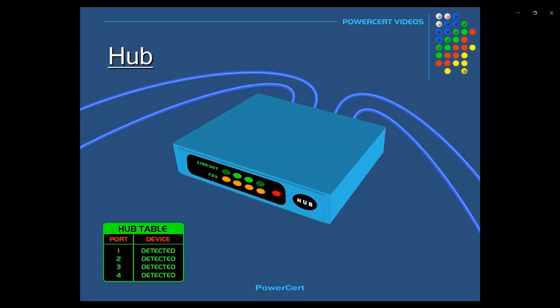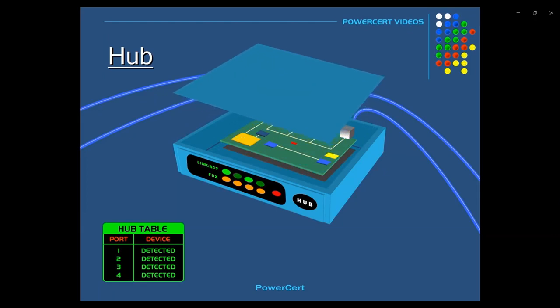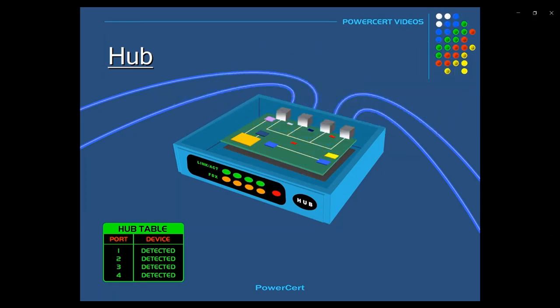And that's because the only thing a hub knows is when a device is connected to one of its ports. So when a data packet arrives at one of the ports, it is copied to all of the other ports. So all the devices on that hub see that data packet. So again, a data packet comes into one port, then the hub will just rebroadcast that data to every port that has a device connected to it.